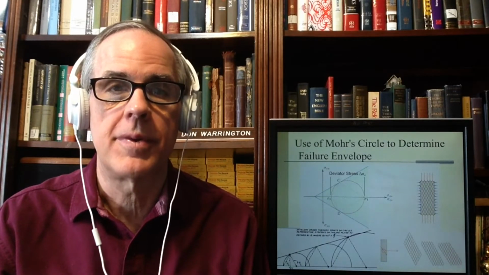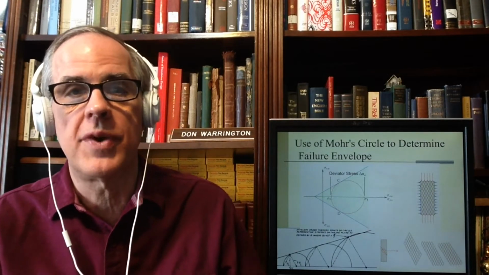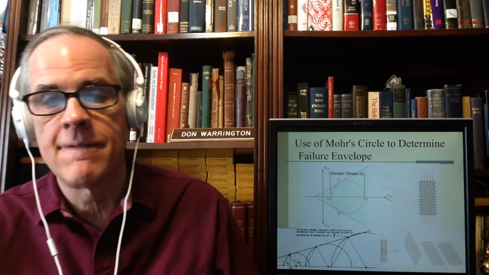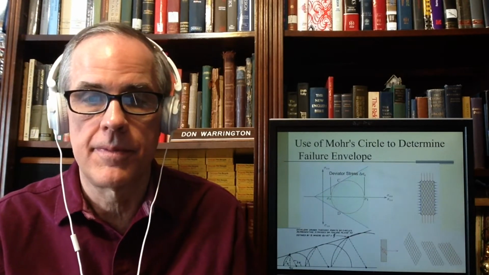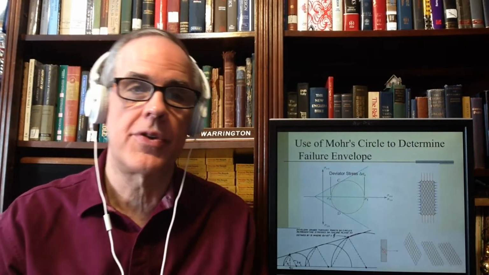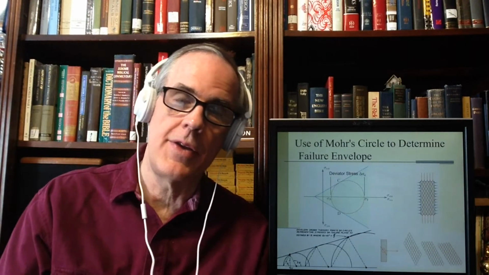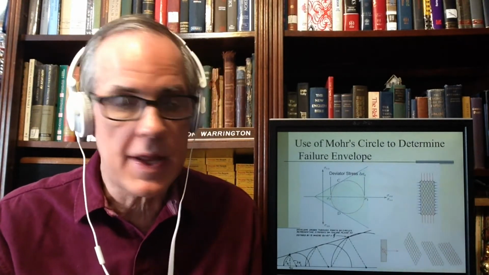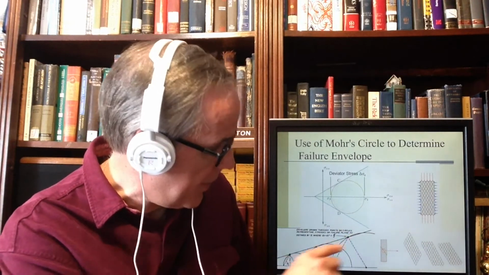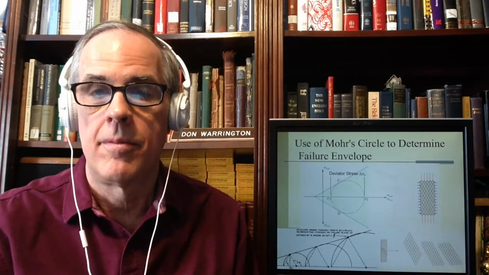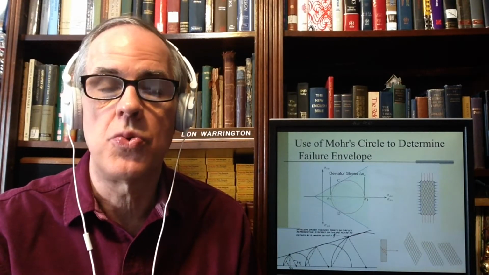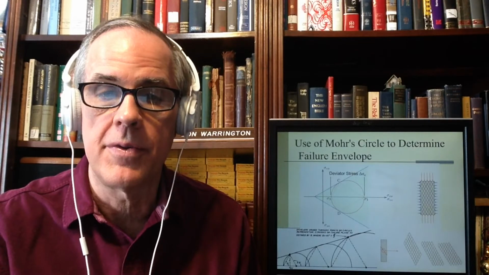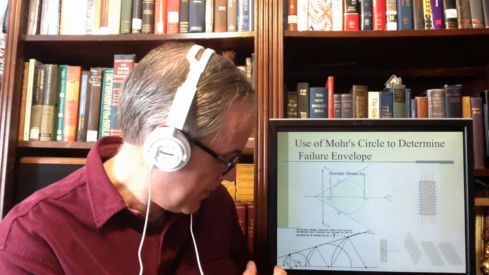Then you finish one assessment. Then you put another one in, you ramp up the confining stress, you start it again. You get that. And you might do it 3 times. You get the third one, you ramp it up again, you run it again, you get the failure envelope. And the idea is that if you draw a tangent line through all 3, and that's the tricky part, then you will get the phi value, and where it intersects with the y-axis, you'll get the c value.